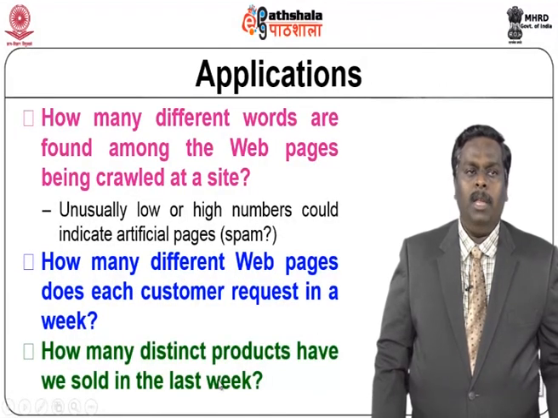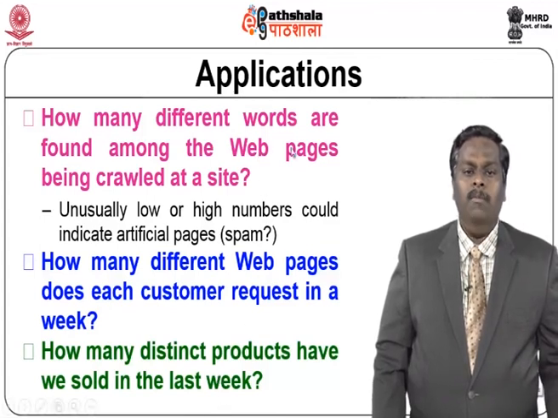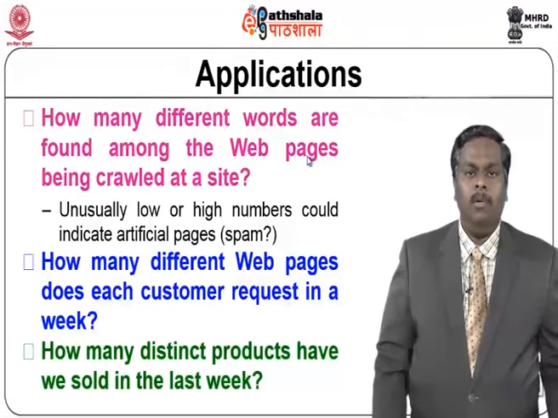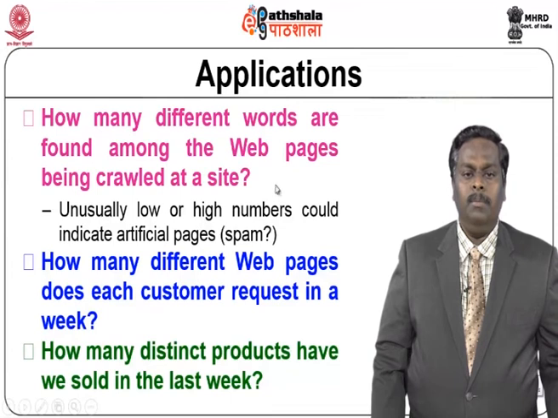What are the various applications that may involve counting distinct elements? Suppose you have many web pages that are crawled by a crawler, for example a search engine crawler. On a daily basis you want to know how many different words were found among the web pages crawled, which means you are looking for the number of distinct keywords appearing in a given web page.